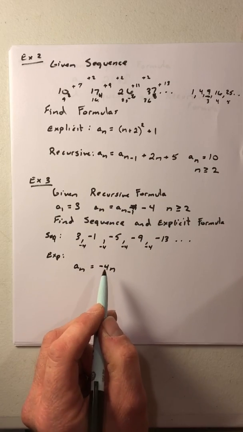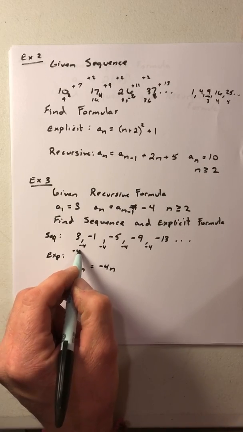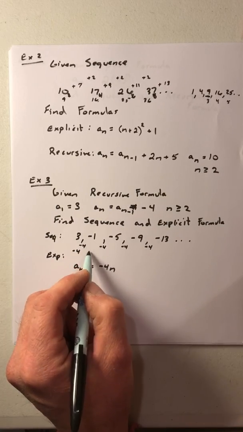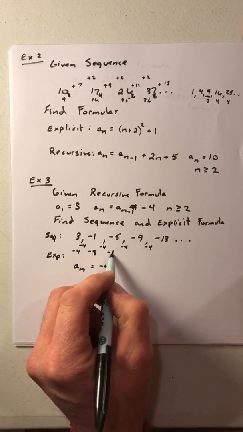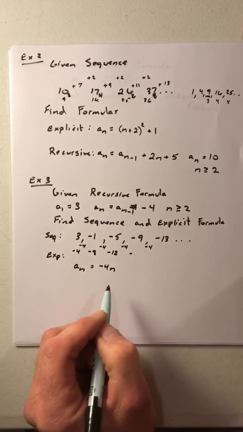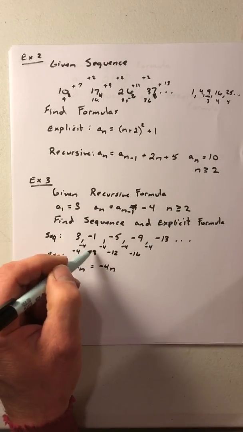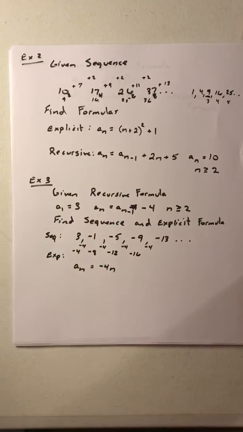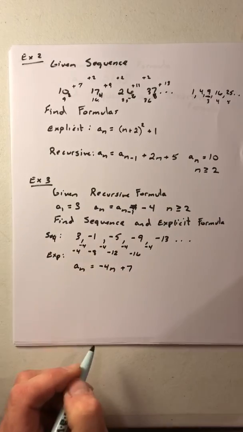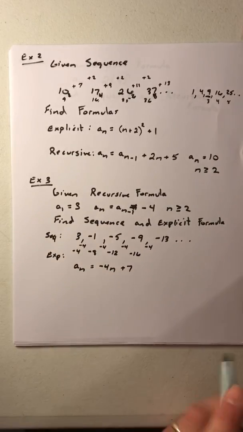Now if I take that negative 4 and multiply it by n, this is my first term, I get negative 4. My second term, I get negative 8. My third term, I get negative 12. My fourth term, I get negative 16. So what do I do to negative 4 to get to 3, negative 8 to get to negative 1, negative 12 to negative 5, and negative 16 to negative 9? Well, I'm adding 7 to it. So my a sub n is going to equal negative 4n plus 7.